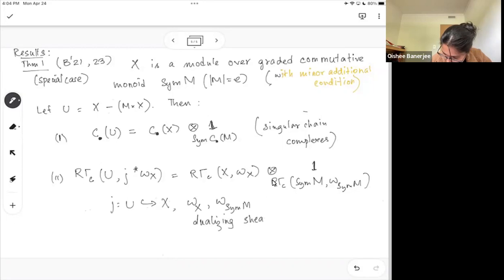Okay, so statement one. What happens is this X will typically be, in the examples that we'll look at, you can think of it as the space of those maps.